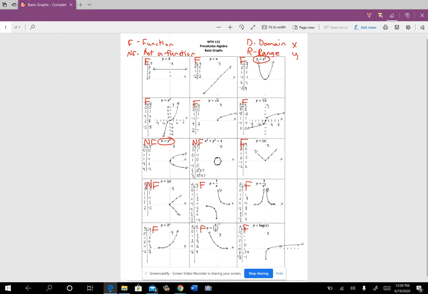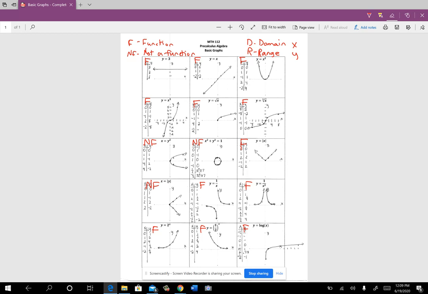All right, so a whole bunch of these are going to have a domain that's not very interesting. Remember, the domain is all real numbers that you can plug in for x that wind up giving you real numbers out. When you have the graph, you're actually being shown what the ordered pairs are, so you can visibly see what the x's and the y's are.